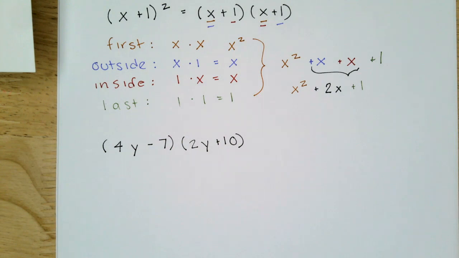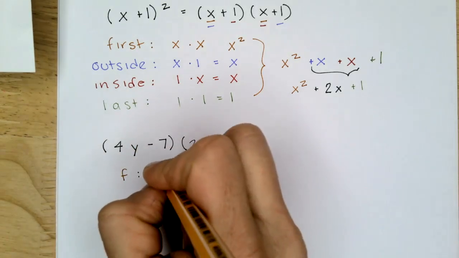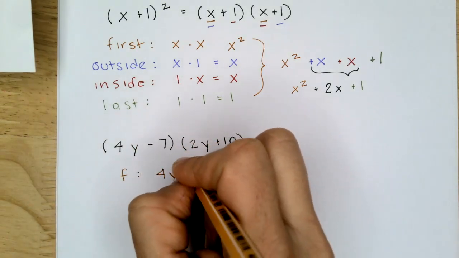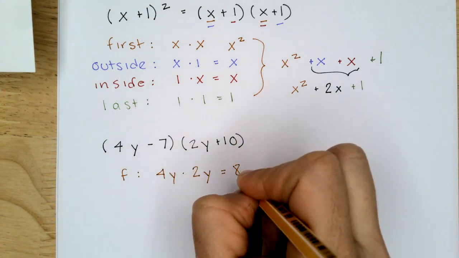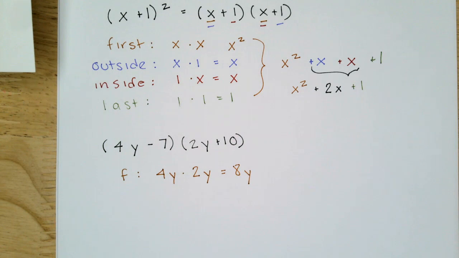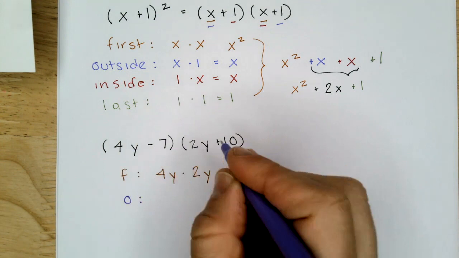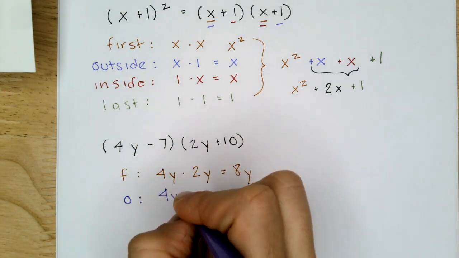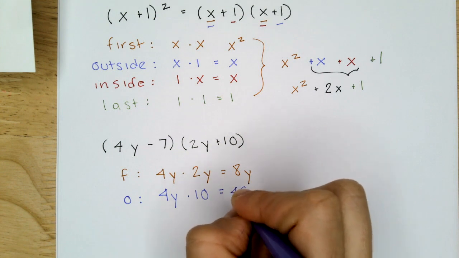First, 4y times 2y. 4 times 2 is 8y. Outside, same 4y times the outermost term, which is 10, so that's 40y.